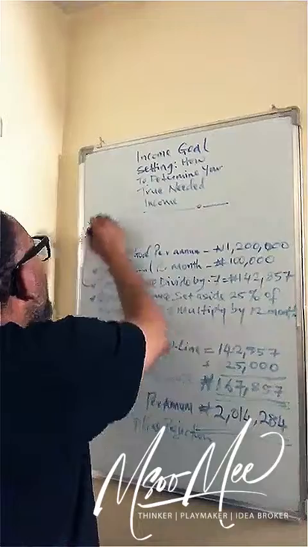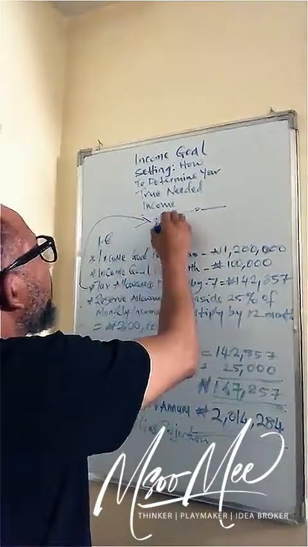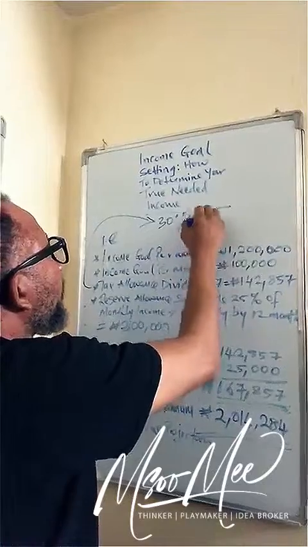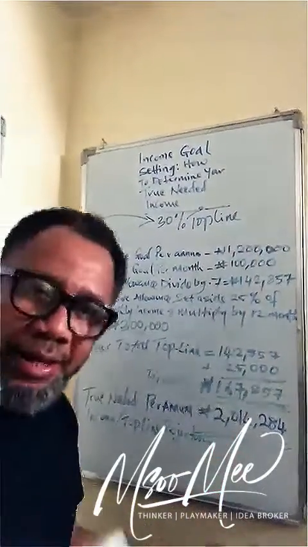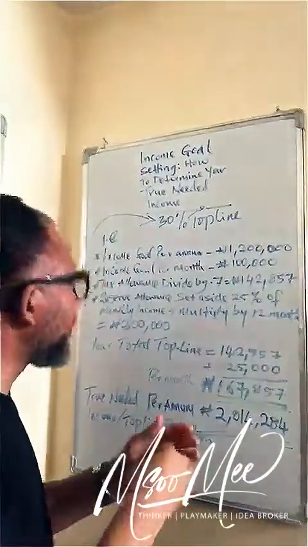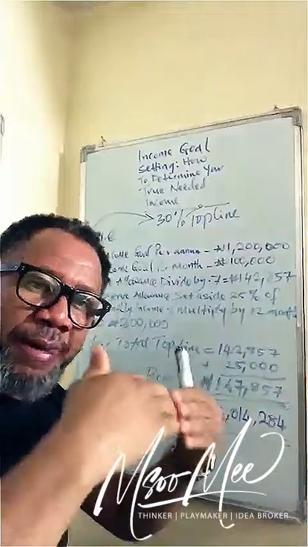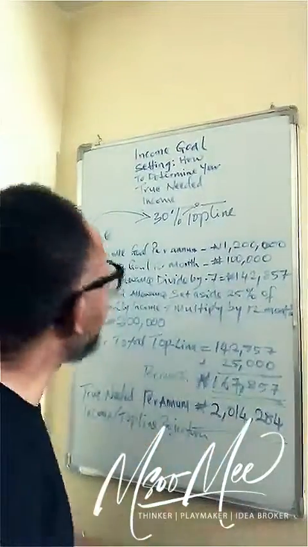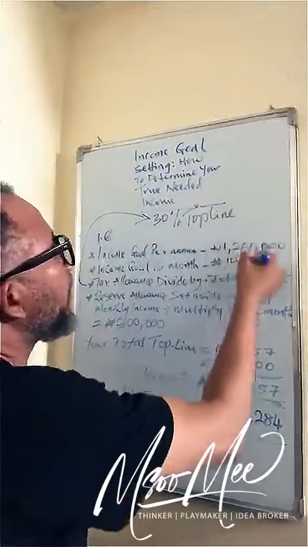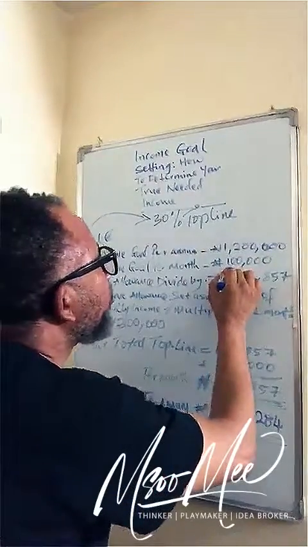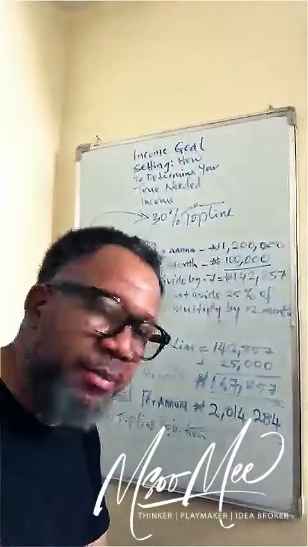So if we make allowance for a 30% top line increment, top line here essentially meaning the revenue projection, yeah? Okay, you simply divide whatever income target that you have set out, which in this case is 100,000 naira a month.